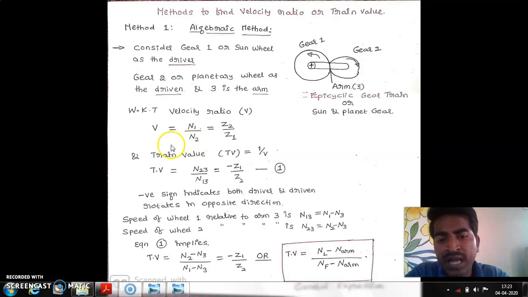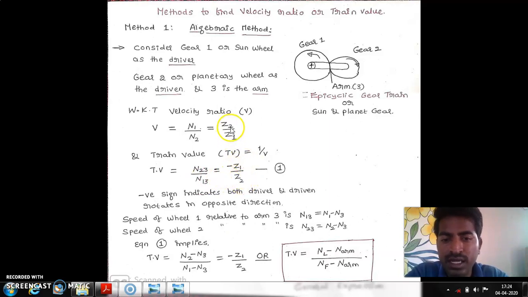The train value is just the reciprocal of the velocity ratio, and hence train value can be defined as n23 divided by n13. Here 23 indicates that we are considering the arm also, so it is simply the relative motion of gear 2 with respect to the arm to the relative motion of gear 1 with respect to the arm, and it is equal to minus z1 by z2.